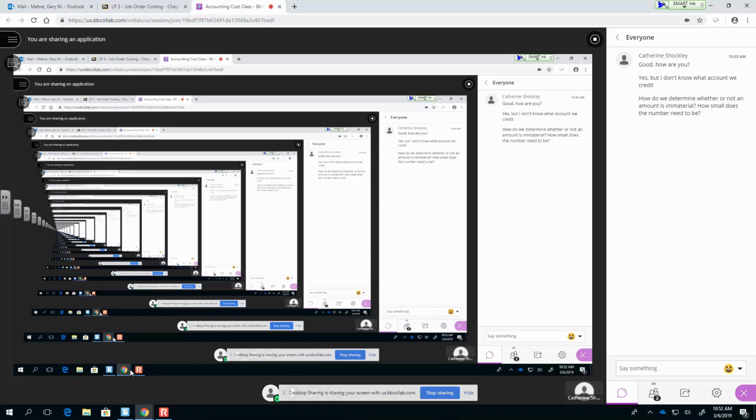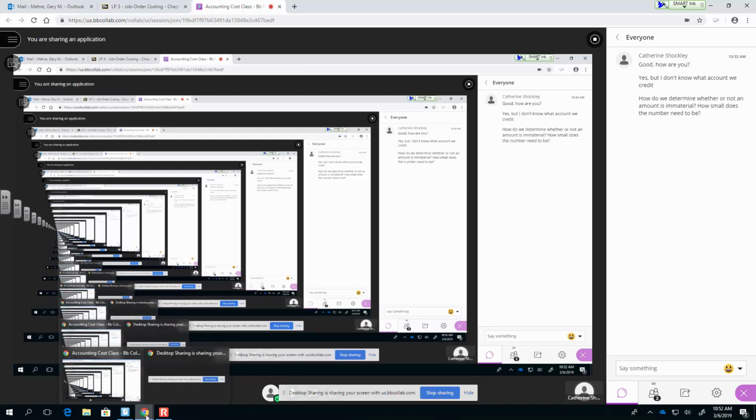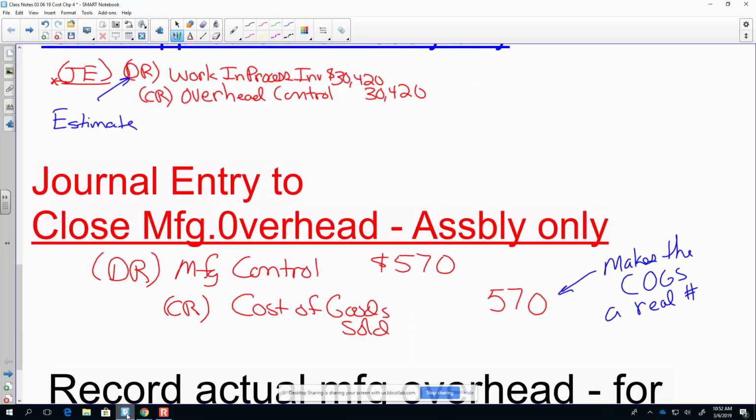Catherine asks, how do we know that this amount is immaterial? How small does the number need to be? And Catherine, there is no real answer to that, I'm afraid. It all depends on the company that you're dealing with. If you're dealing with a small company or even a large company, $500 is not a lot of money. So that is always going to be considered immaterial.